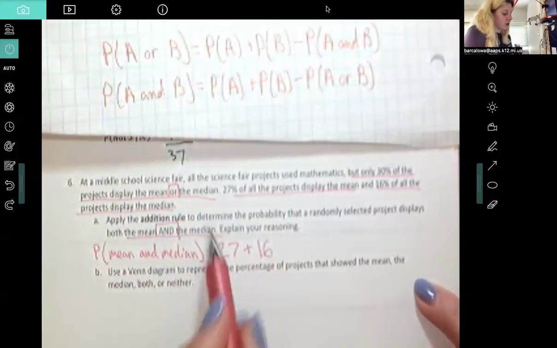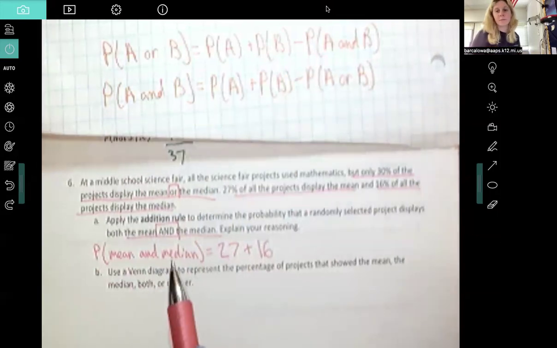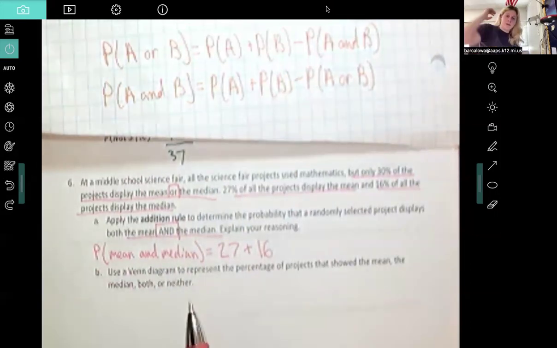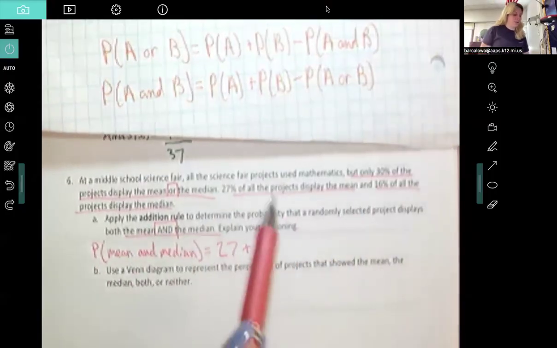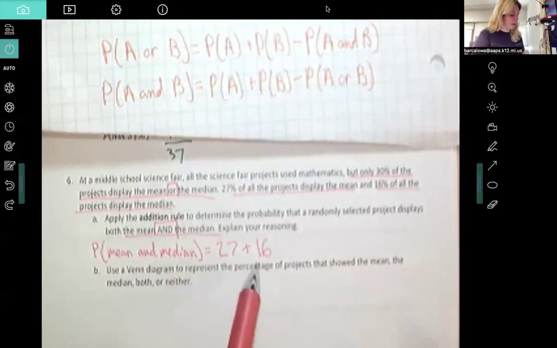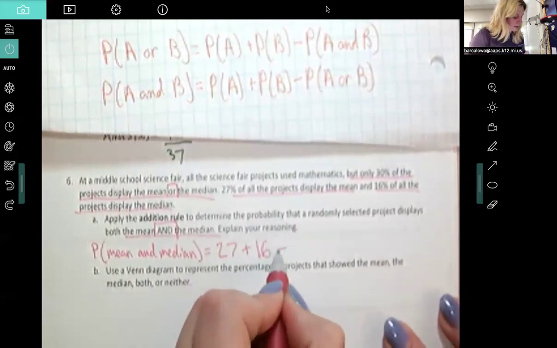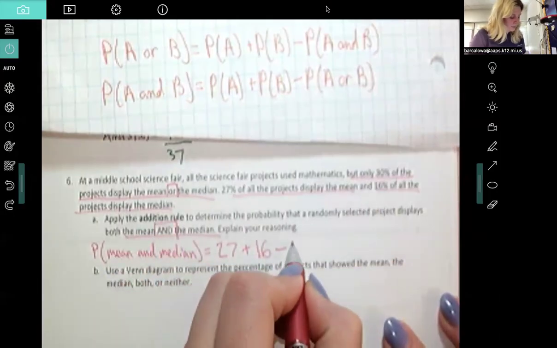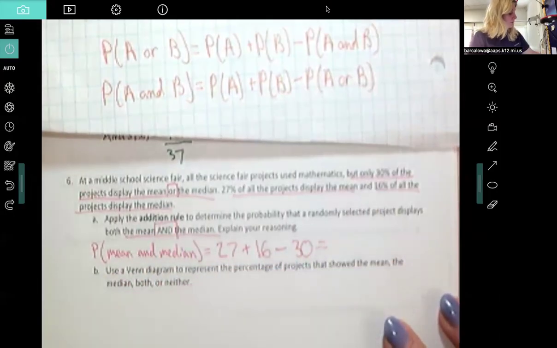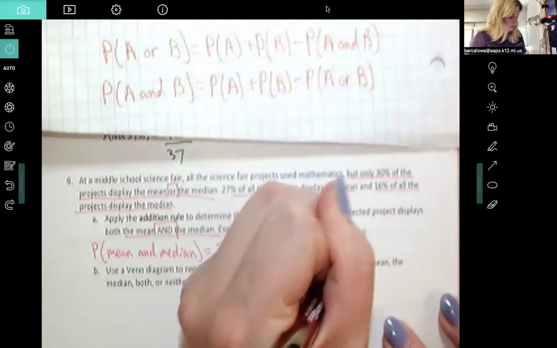I guess this isn't just the mean. I keep saying that, but that's not true, because some of these could be mean and median. Anyway, probability a project includes the mean, plus the probability a project includes the median, minus the probability it includes mean or median, so minus 30. So 13%.